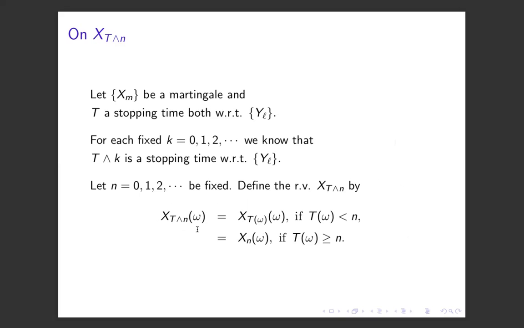Then one can consider this random variable only on the set where t is less than infinity, as one may see later. Whereas t wedge n will always take value less than or equal to n, so this is well defined.